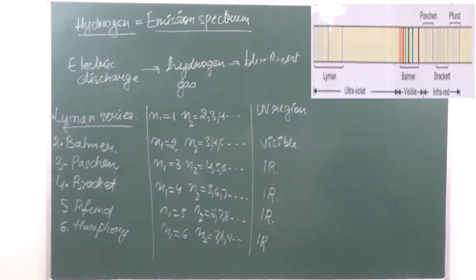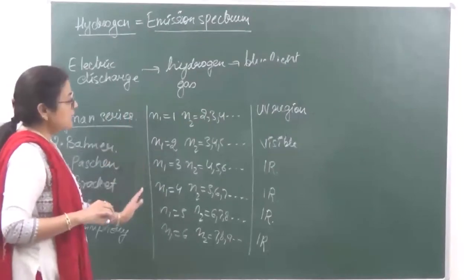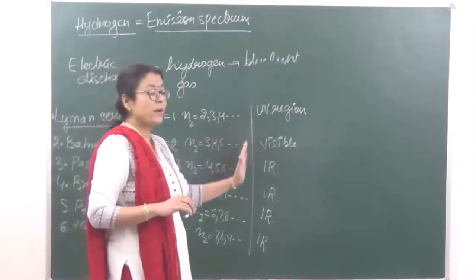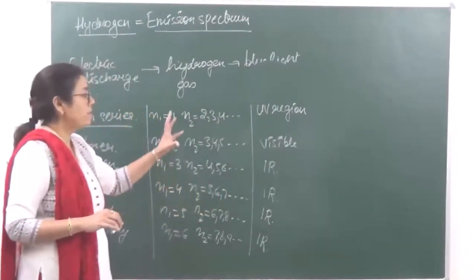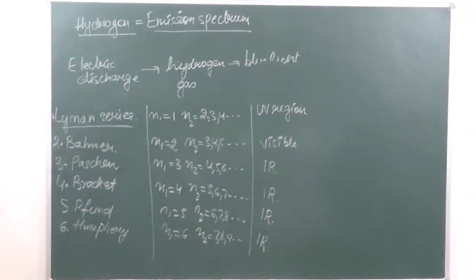Okay, now to understand how we get the wavelength from the series, so as to calculate where it is lying in the electromagnetic spectrum, there was a scientist by the name of Rydberg who gave us a mathematical expression, right? So what was the mathematical expression for this?